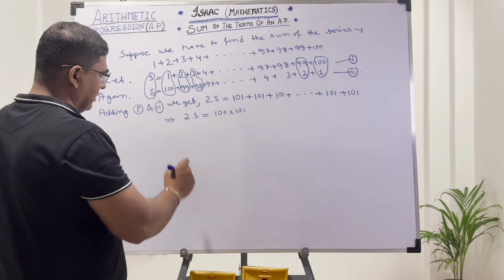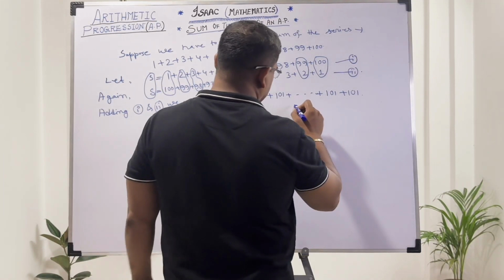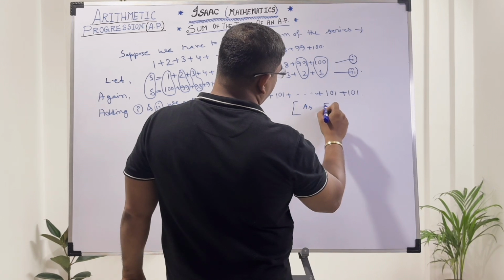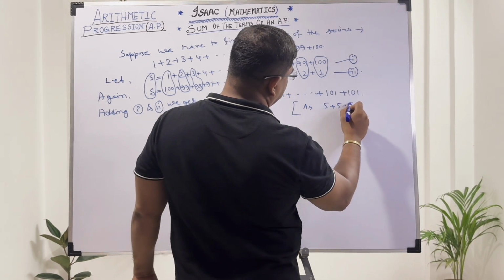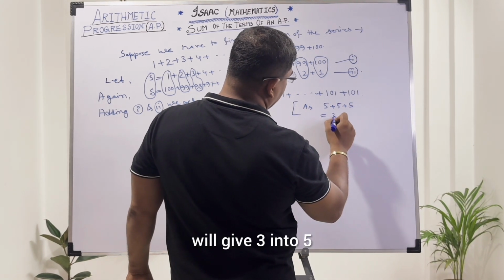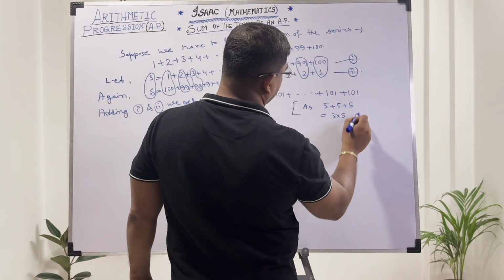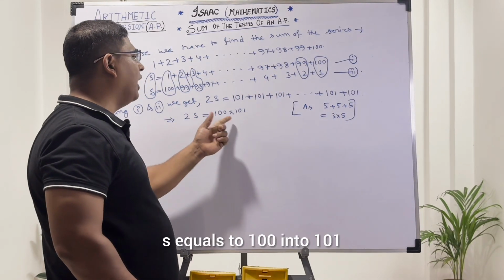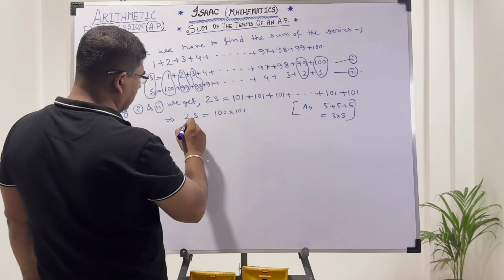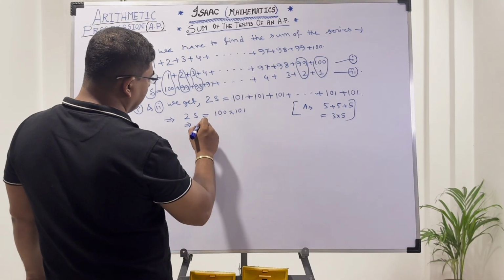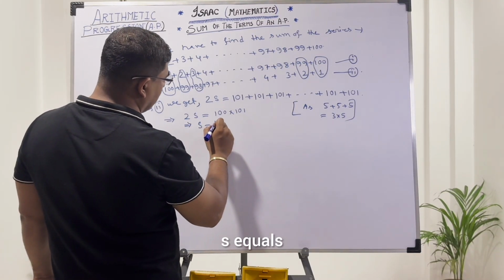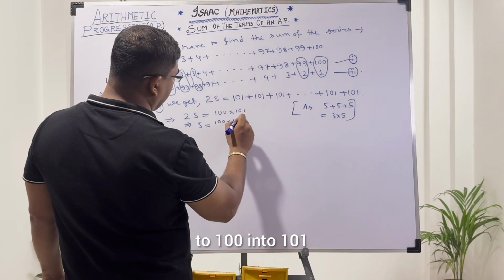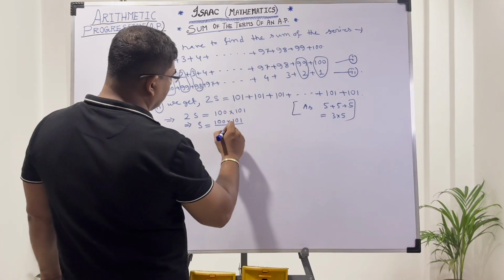Okay, just as 5 plus 5 plus 5 will give 3 into 5. By following this concept, we can write 2S equals to 100 into 101. So this will give S equals to 100 into 101 by 2.